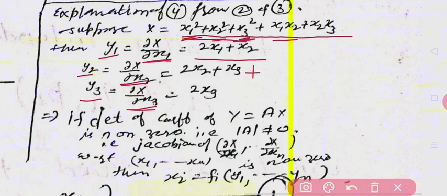And if you find out the partial derivative with respect to x3, it will be 0, 0, and that will be 2x3. And when you find out x1 x2, that becomes again 0. And the derivative with respect to x3 will be x2. So you will write down x2 over here, right?